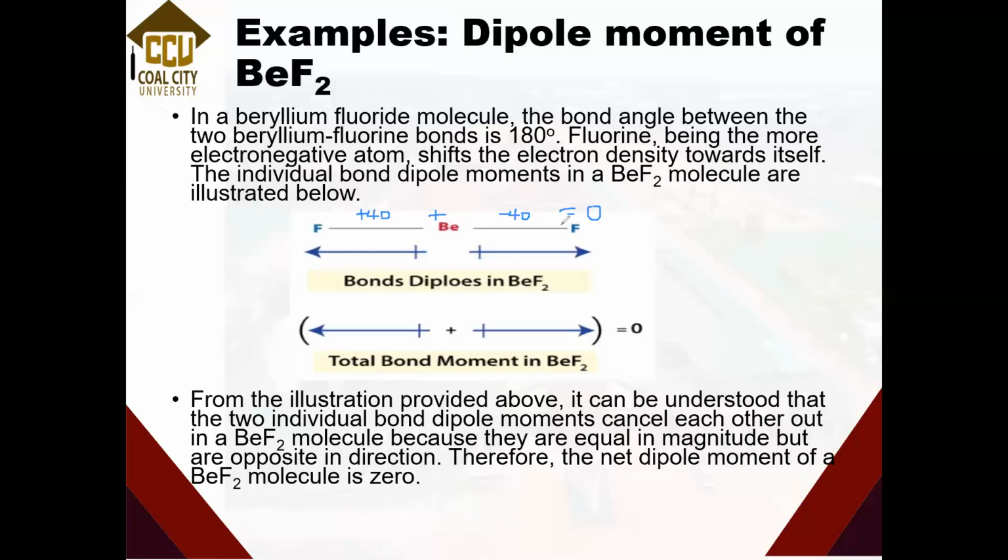So from the illustration above, it can be understood that two individual bond dipole moments cancel each other out in beryllium difluoride because they are equal in magnitude and are opposite in direction. Therefore, the net dipole moment of beryllium difluoride will be what? 0. All right. So let's proceed.